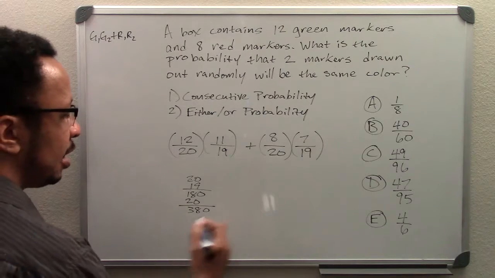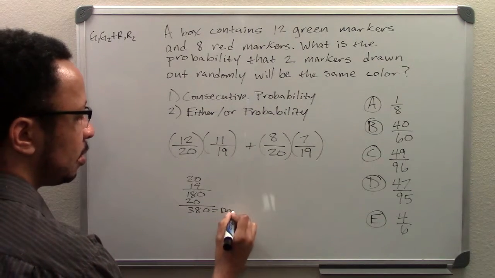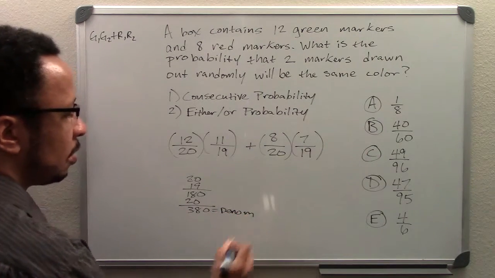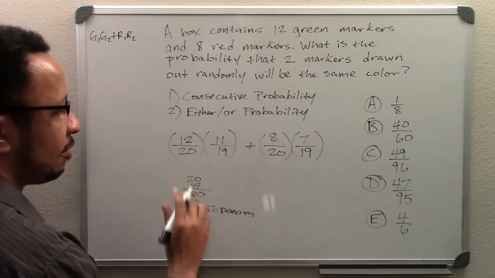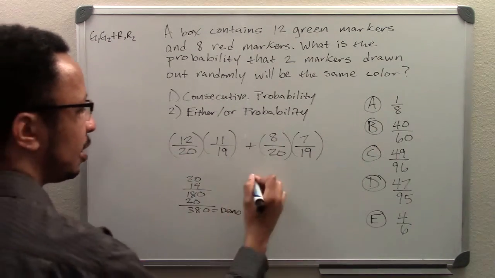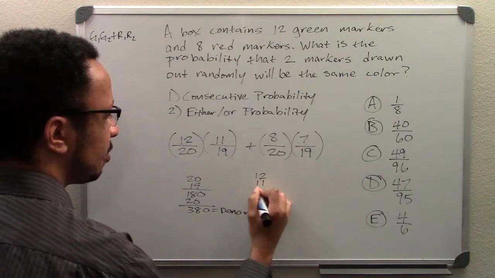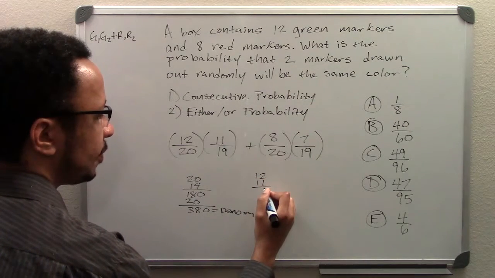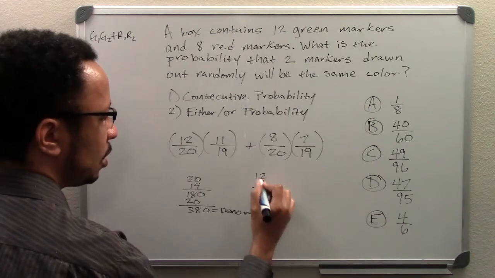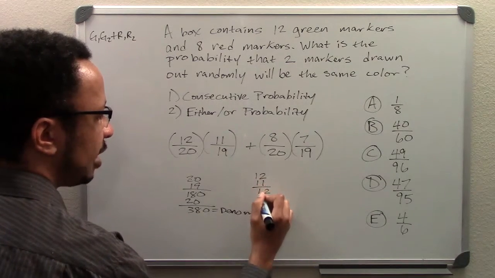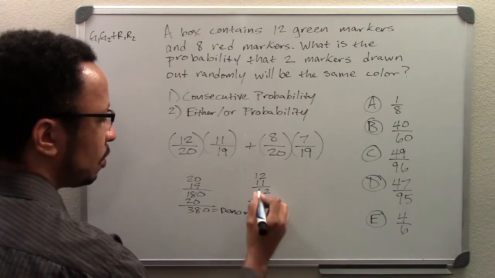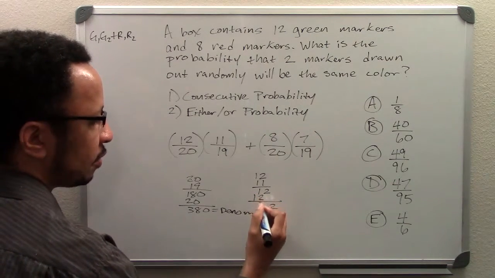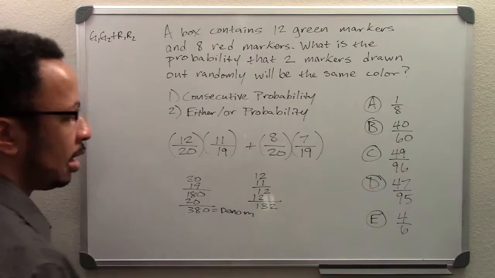So the denominator will be 380. Next, we have the numerator for the greens. That's 12 times 11. 2 times 1 is 2. 1 times 1, 1. 2 times 1, 2. 1 times 1, 1. Now we have 2, and then 1 plus 2 is 3. Bring down the 1.